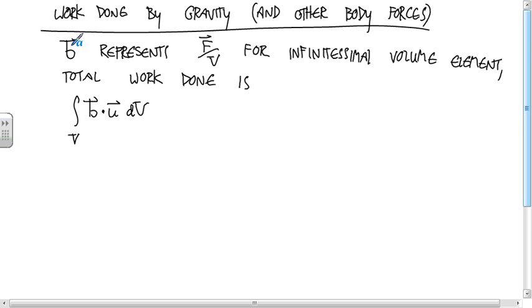This is the same B that is in those equilibrium equations.